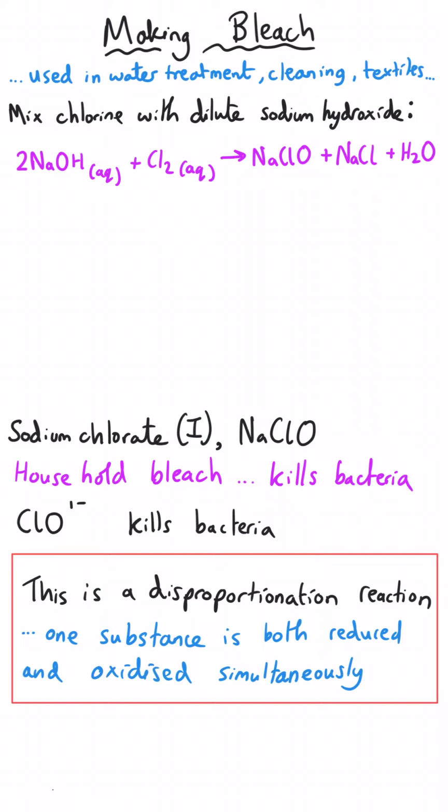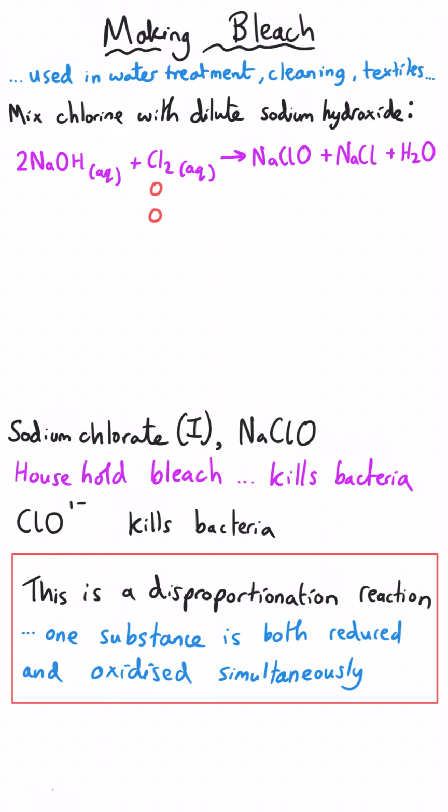If we take a look at the overall equation for this, we can see that the sodium hydroxide, two of them, are reacting with the chlorine. Now, chlorine is a diatomic molecule, but both of the atoms in the element chlorine have an oxidation state of 0. All elements have an oxidation state of 0. So this is at the beginning of the reaction.